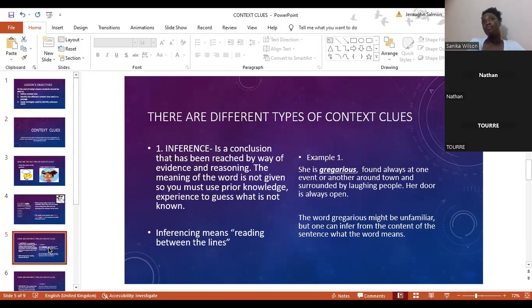So if Nathan is sitting outside gazing into space, Torre, and you have not heard any word from Nathan, but just by the way he's sitting and looking, what would you say about Nathan? What is happening with him? What conclusion can you pull from that setting?